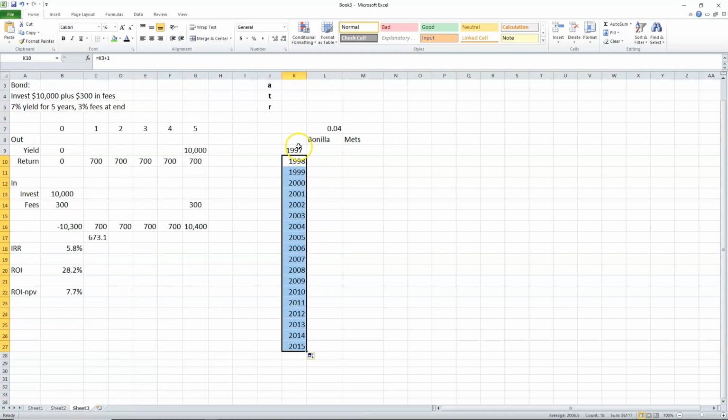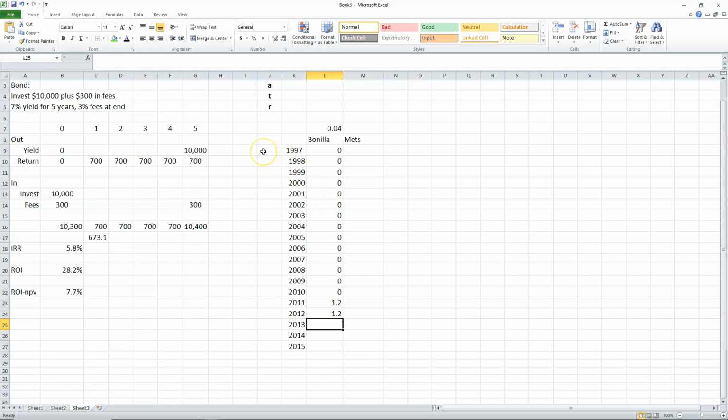Okay, so how do we do this? Again, maintain your discipline. How much is Bonilla getting paid in 1997? 0, 0, 0. And so he's getting paid zeros all the way up to 2011. Then 2011, he gets paid 1.2 million. 1.2 million.